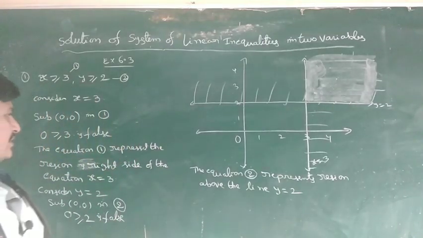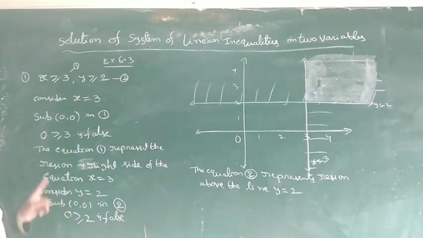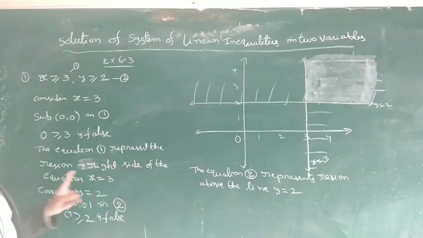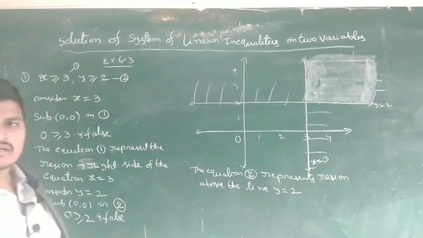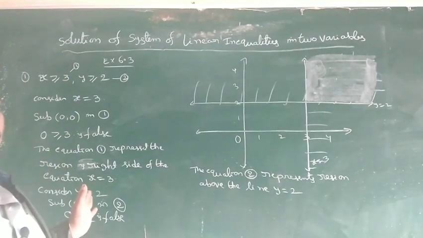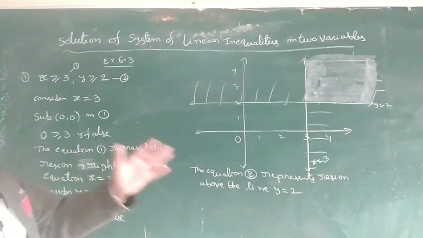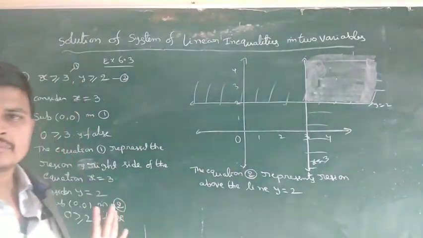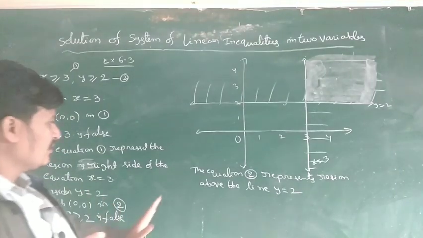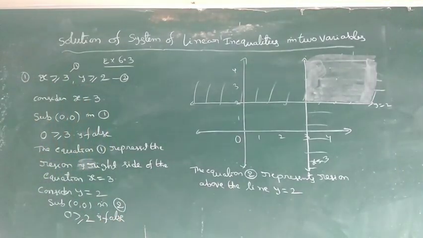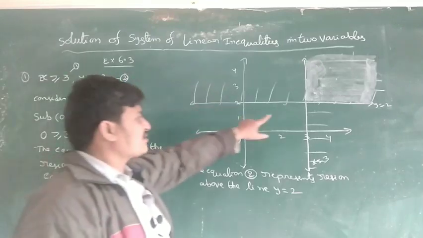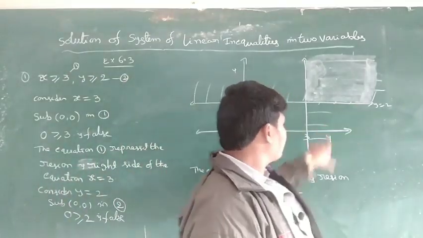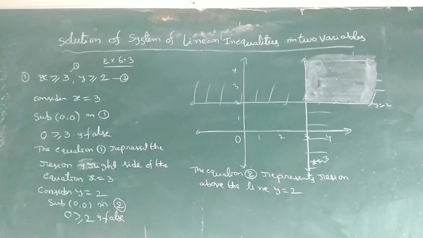For x is equal to 3, we have to write the right side, or origin side, or opposite the origin side, anyone, your own interest. x greater than or equal to 3, y greater than or equal to 2, direct lines: y is equal to 2 and x is equal to 3 are direct lines. This is the first type of problem.